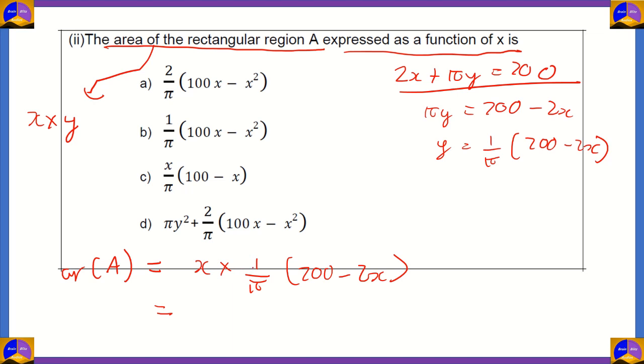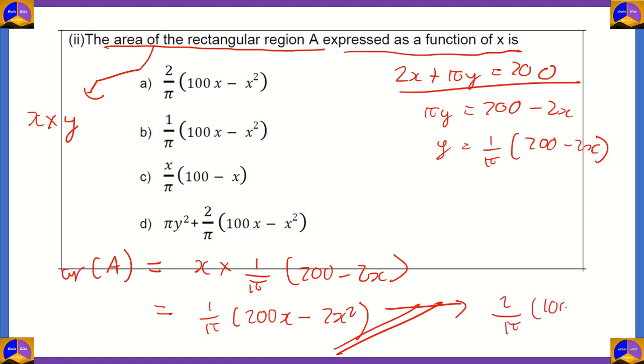Once you've done that, you can multiply x into the bracket, and what you'll get is 1 by pi into 200x minus 2x squared. We can now write it as 2 by pi into 100x minus x squared.